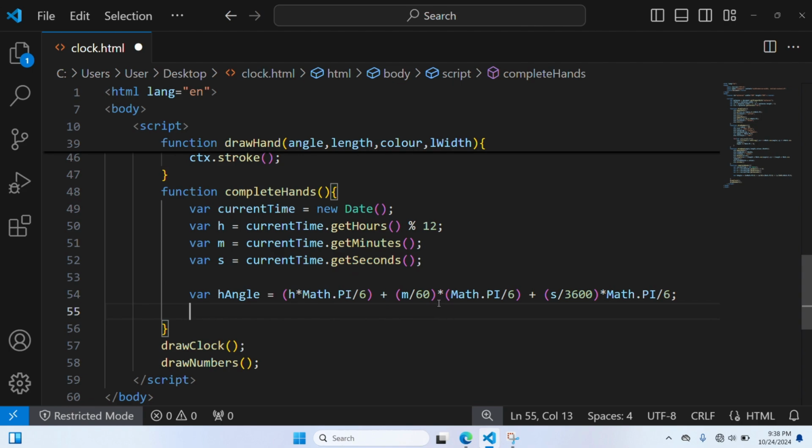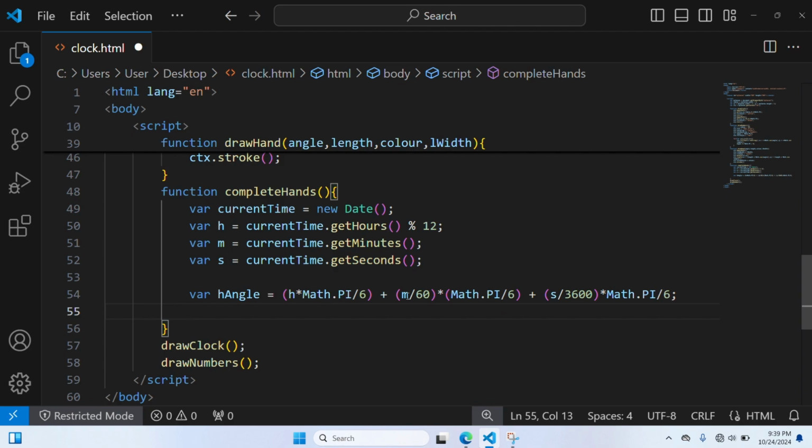Similarly, after certain minutes, the hour hand turns around by another certain angle, and after certain seconds, the hour hand turns around by another certain angle. We know that after 1 hour, the hour hand turns around by 30 degrees, that is pi by 6 radian. So we have multiplied this h by Math.PI by 6 to get the angle. Similarly, we can calculate the angle for minutes and seconds.